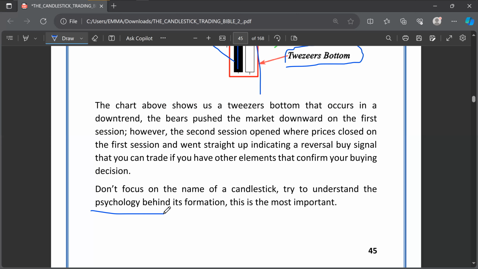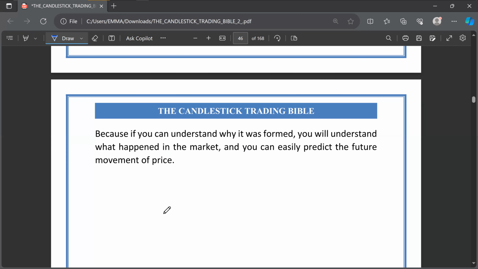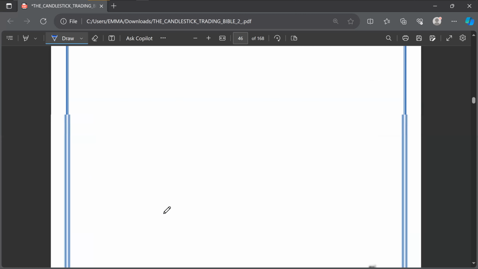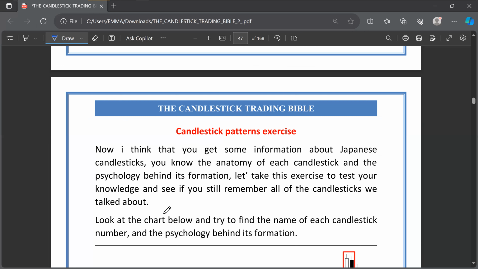What was the momentum? If you can understand why it is formed, you will understand what has happened in the market, and you can easily predict the future movements of the prices. It is as simple as that.